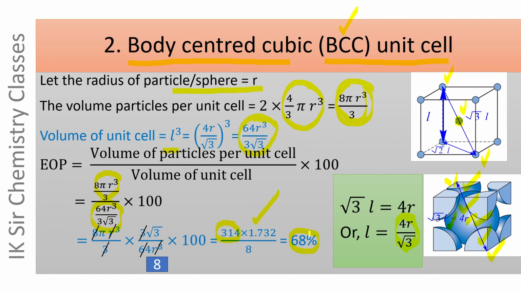The efficiency of packing in the BCC unit cell is equal to 68%, and the packing fraction will be simply 0.68.